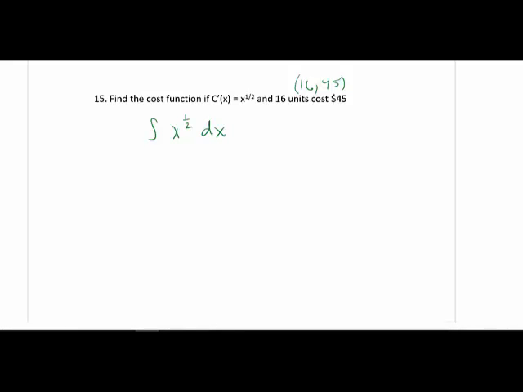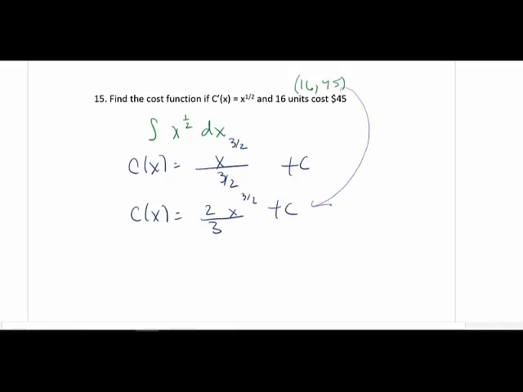So I'm going to take the integral here first. Remember, we add 1 to our exponent, which is 3/2, and then divide by that. When I have a division of a fraction, it means to flip it. And now I'm going to plug in the point 16, 45 into this function to evaluate for C.